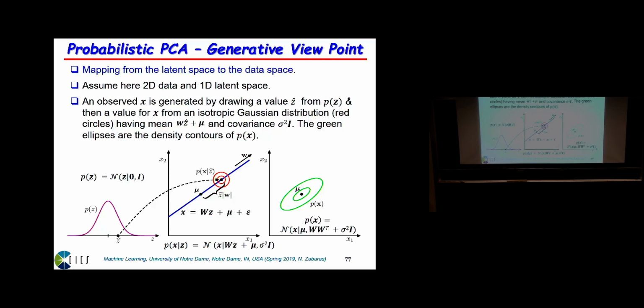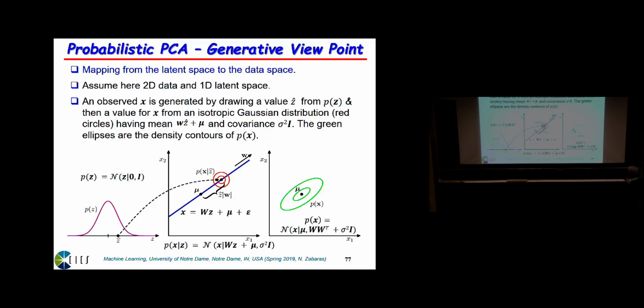D cross D. So obviously this has to be D squared, right? Because X lives in D dimensions. But what is the cost of computing this covariance there? I mean, what do you need to evaluate? A general covariance matrix would be D squared, okay?